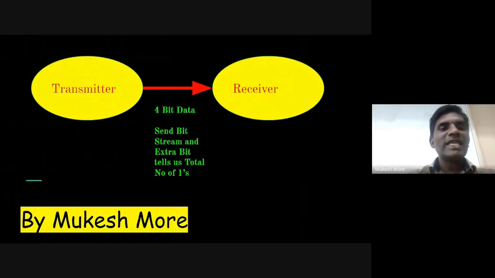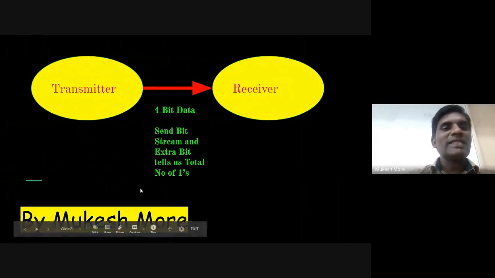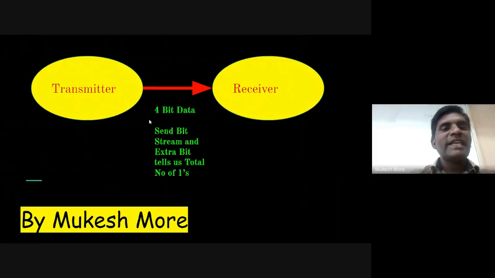Now, to check whether the data is correct or incorrect, we are introducing a new concept called the parity generator and parity checker. You can see this 4-bit data is sent by the transmitter to the receiver. The sent bit stream and an extra bit tell us the total number of ones present in that particular data.